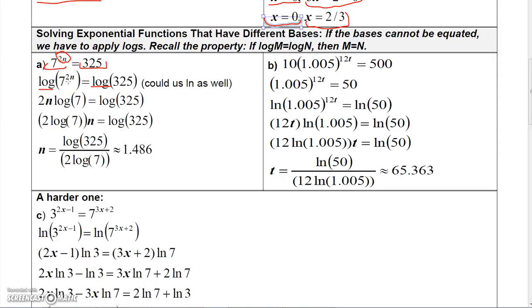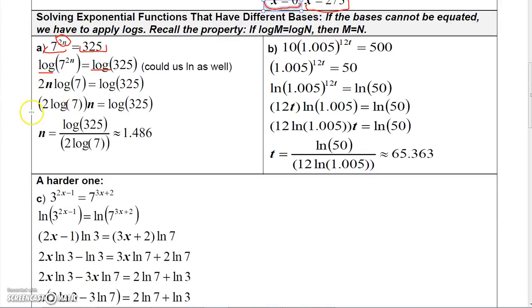And now I can write this using the log property, log of 7 to the 2n as 2n times the log of 7. Now I'm going to go ahead and write this a different way. You may or may not need to put in this step, but this is actually 2 times the log of 7 times n. And 2 times the log of 7 is just a number. So if I want to isolate n, I can just divide both sides by this number.